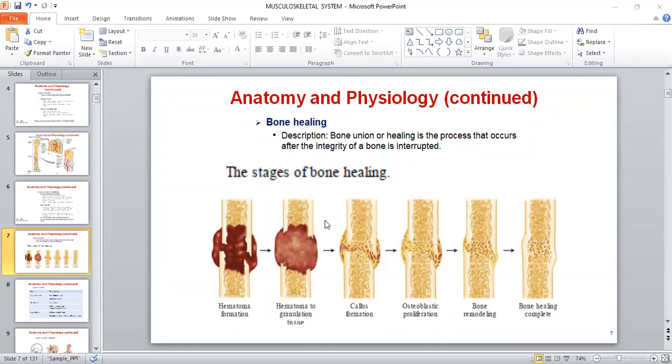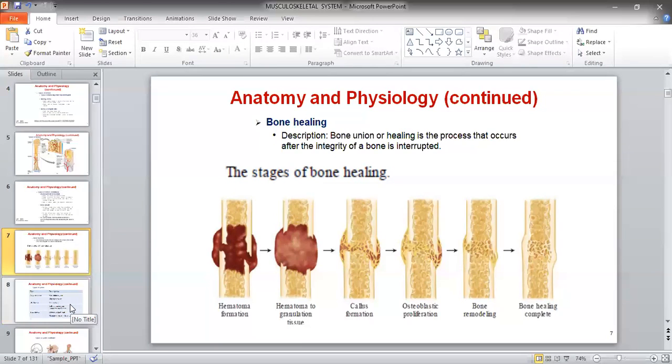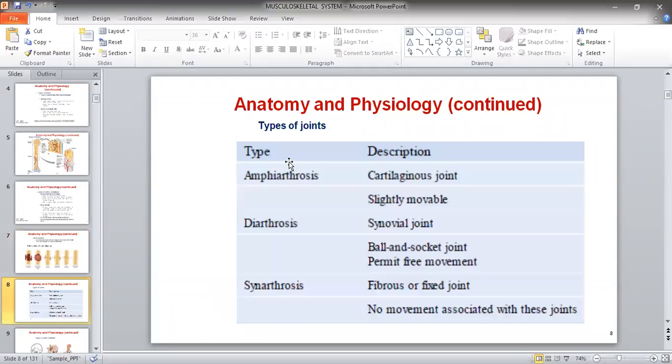So now going here, joint. As I told you, if we have bones, definitely bones connect to other bones through joints.